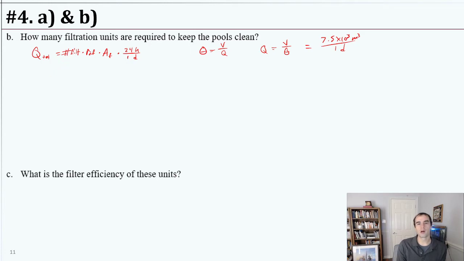Well, we'll solve this equation for the number of filters, right? So the number of filters equals the Q total divided by the R effective times the area of a filter times 24 hours per day.